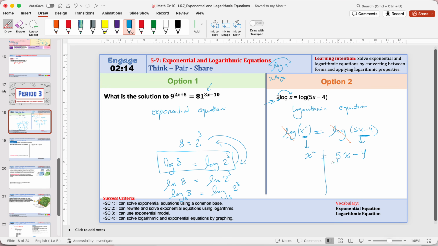Just take everything to one side, solving normal equations. x squared minus 5x plus 4 equals 0. Put this in your calculator, mode 5, 3. You will get A is 1, B is -5, and C is 4. First, the answer is x equals 4.